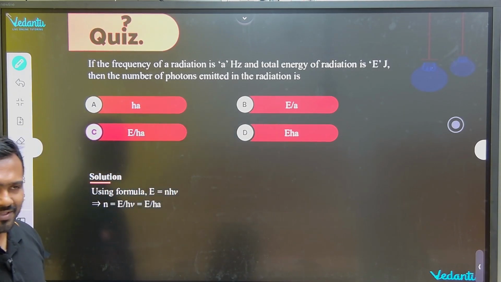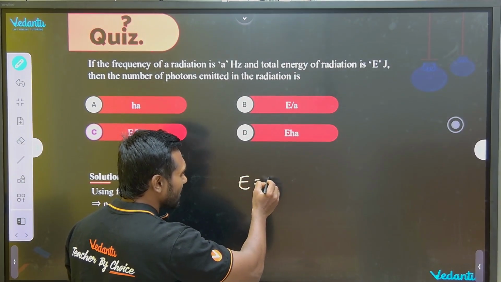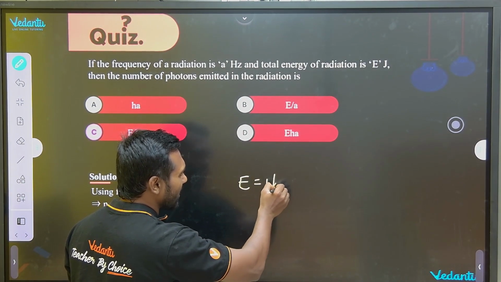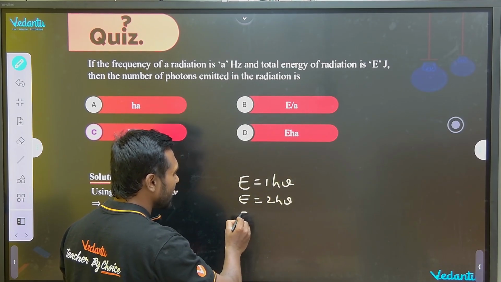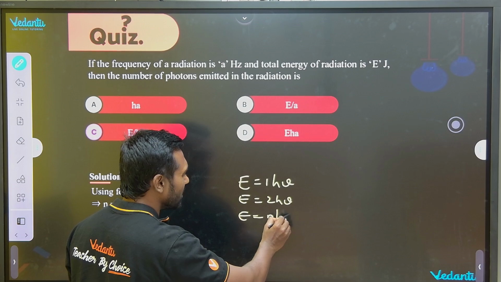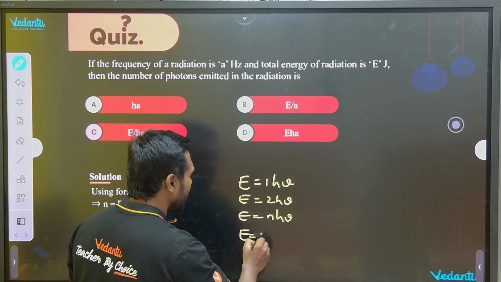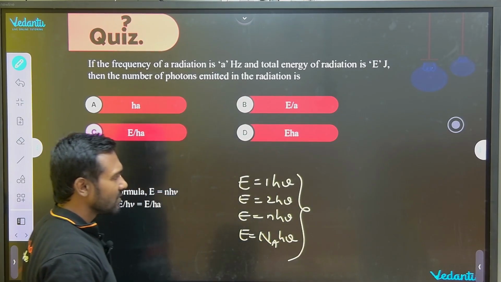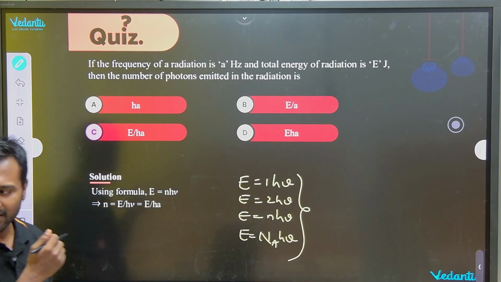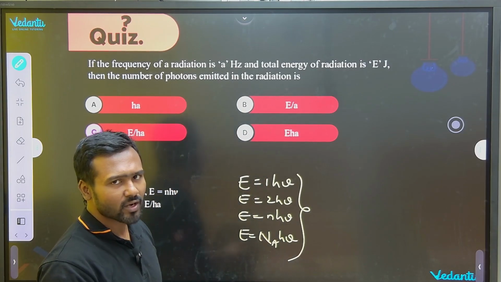So the number of photons means, see just now we wrote E is equal to 1 h nu if it is 1 quantum, 2 h nu if it is 2 quanta, n h nu if it is n quanta, and Na h nu if it is Avogadro number of quanta. Since we wrote it only for one quantum, E is equal to h nu.